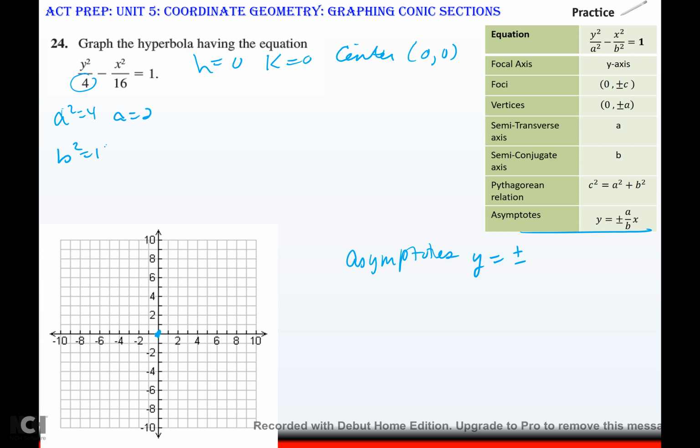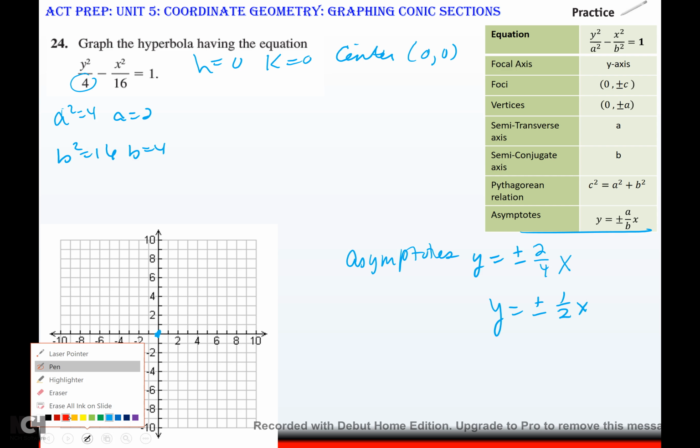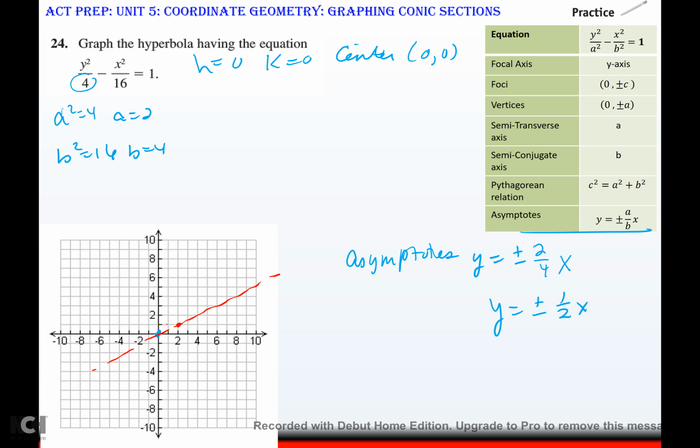And if b squared is 16, then b is 4. So I have plus or minus 2 over 4 x, which is the same thing as plus or minus 1/2 x. So my asymptotes are going to pass through the origin, and it's going to go up 1 over 2 and down 1 over 2.